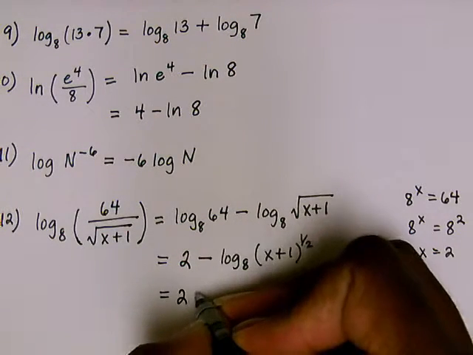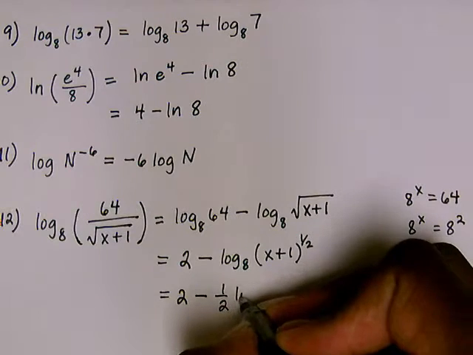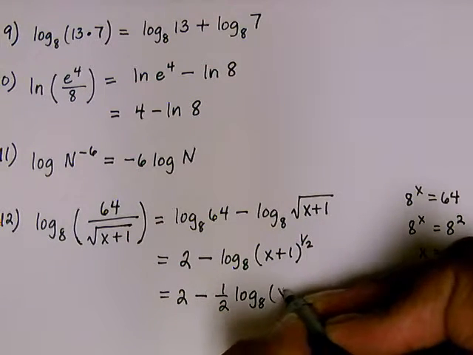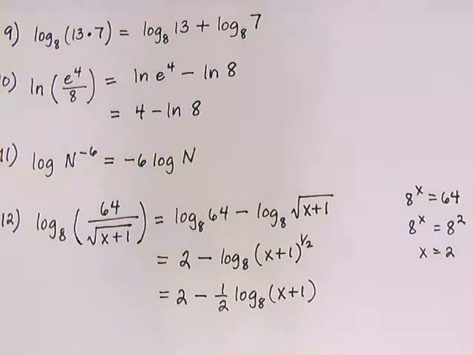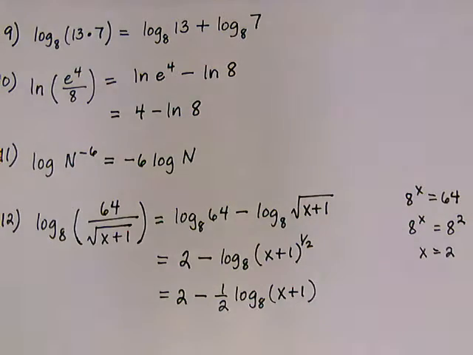So this will be 2 minus 1/2 log to the base 8 of the quantity x plus 1. Now keep in mind you have to keep that x plus 1 in the parentheses because you're taking the log of the entire expression x plus 1. So my final answer there will be 2 minus 1/2 log to the base 8 of the quantity x plus 1. Okay, so all of that represents problem number 12.